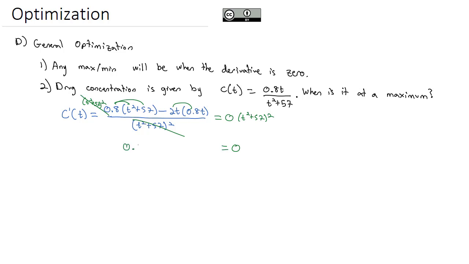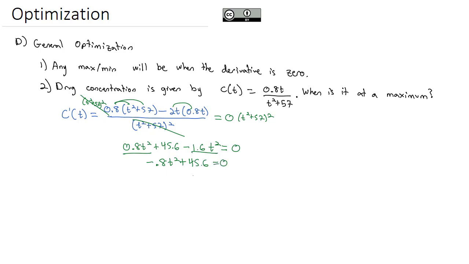So I get 0.8 t squared plus 57 times 0.8 is 45.6 minus 2 times 0.8 is 1.6 t squared. And then I'm going to combine like terms. 0.8 minus 1.6 is negative 0.8 t squared plus 45.6 is equal to 0.